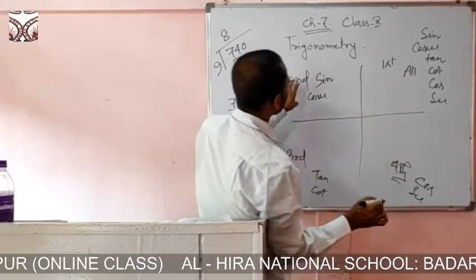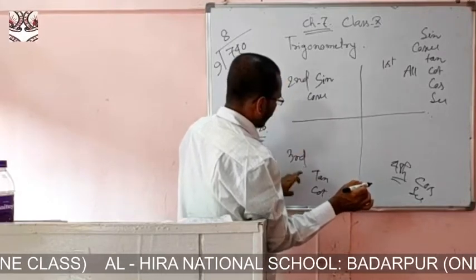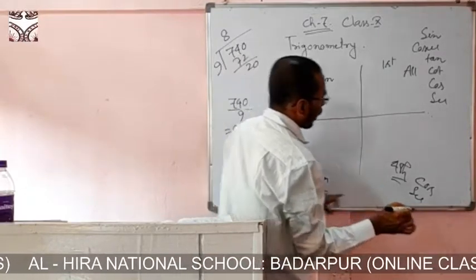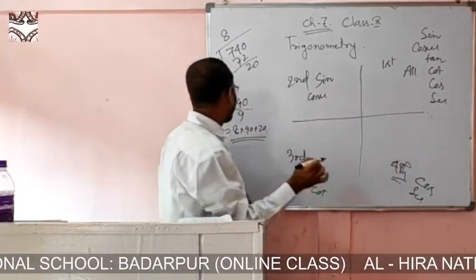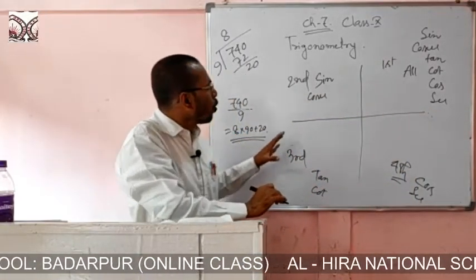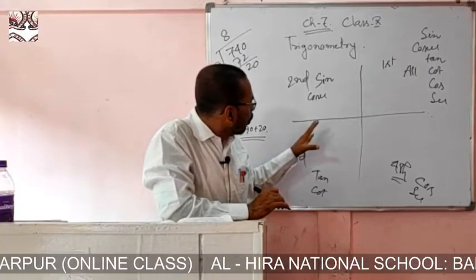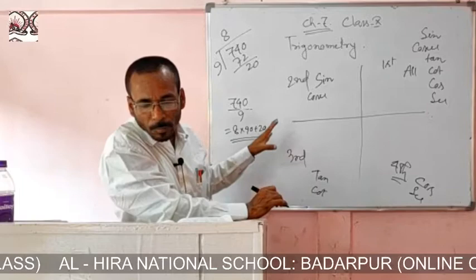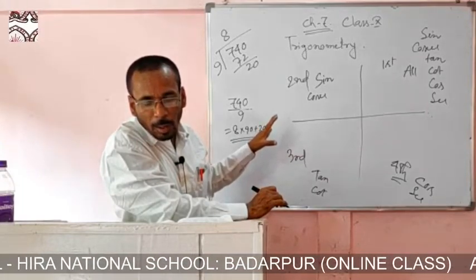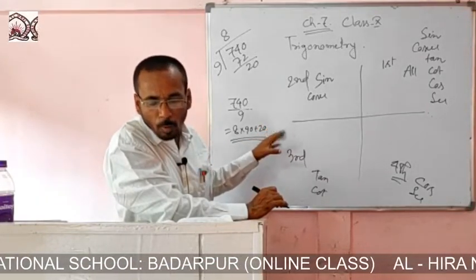In this quadrant sine and cosec will be positive, in this quadrant tan and cot will be positive, and in this quadrant cos and sec will be positive, and the rest will be negative. So we have to identify the position, and according to the position their sign will be.